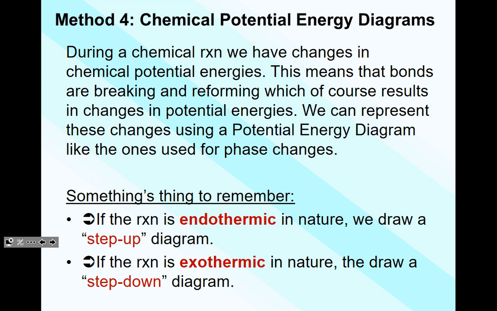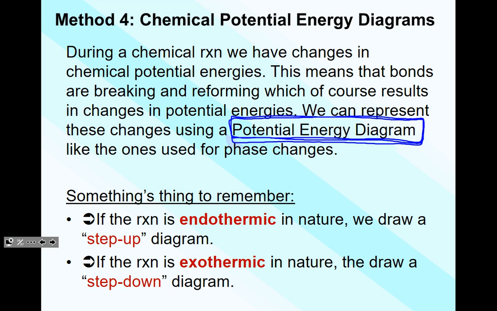This means that bonds are breaking and reforming, which of course results in changes in potential energies. We can represent these changes using a potential energy diagram. So these potential energy diagrams are muy importante, and you are going to see them always now in this unit, and they're so much fun.